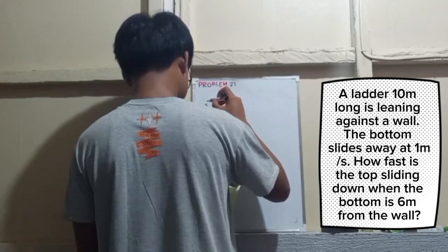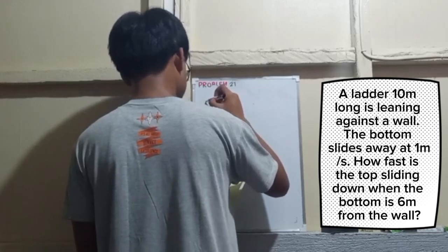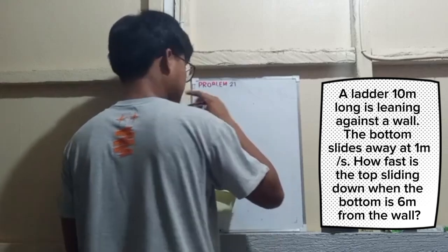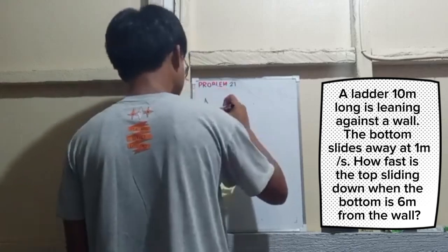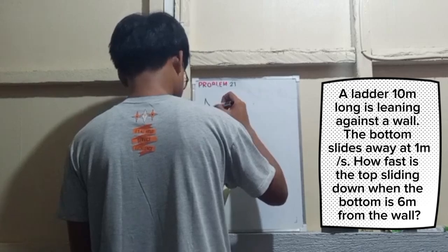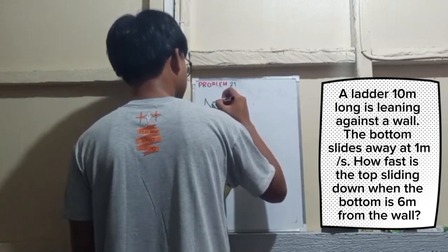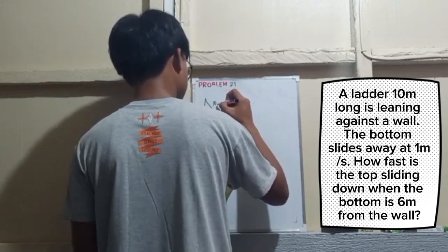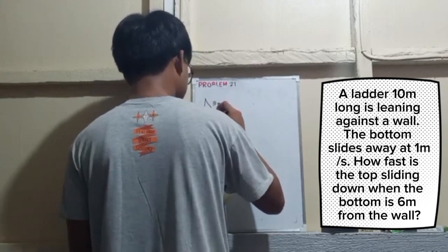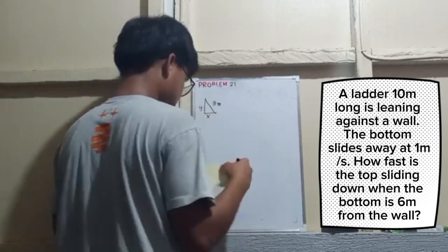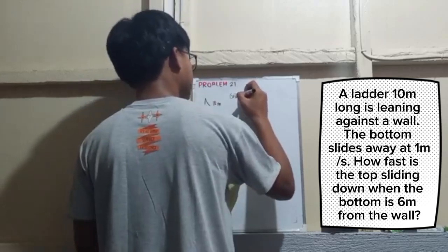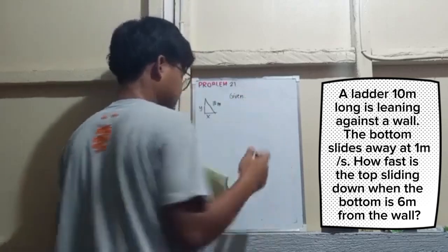So we'll assume that the ladder is our hypotenuse at 10 meters and our y is the wall and the x is the ground. So we'll identify the given in the problem.